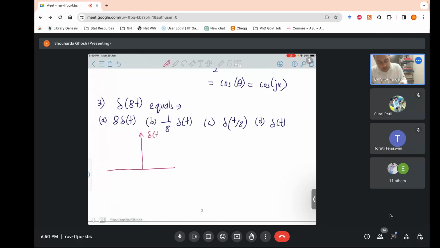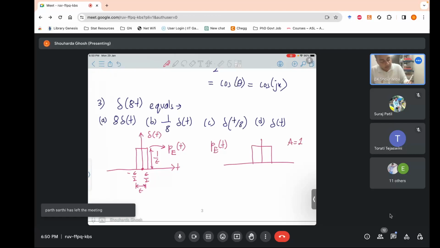So a delta function in its simplest form can be represented by a rectangle which has a width of epsilon centered around 0 and a height 1 upon epsilon. Let's say this waveform, I call it P epsilon of t. P epsilon of t is a rectangle with an area 1, with a width epsilon and height 1 upon epsilon.